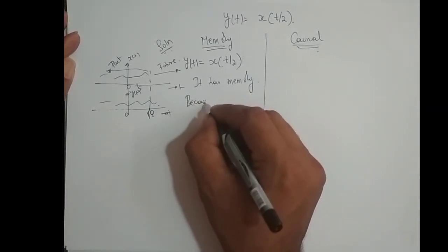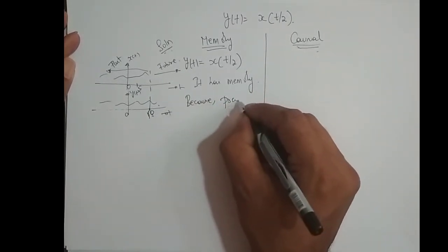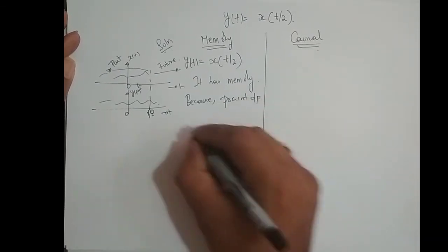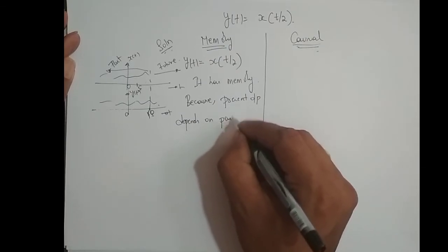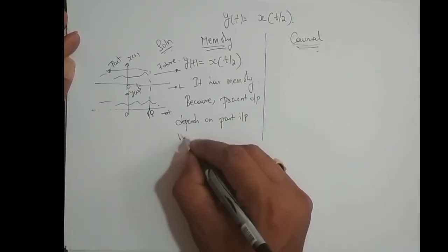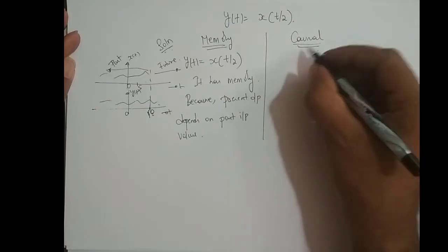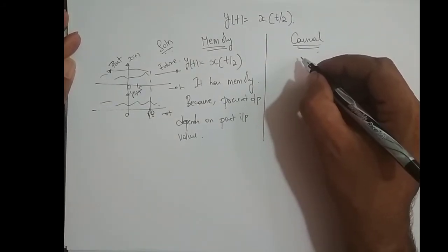Why? Because present output depends on past input value. So what about causality?